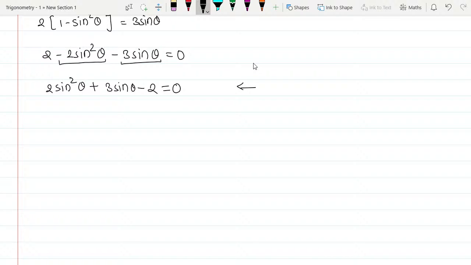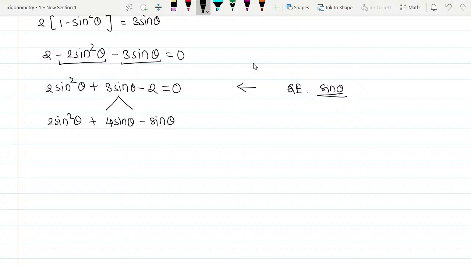Now what? See the magic. This becomes a quadratic equation in sin theta. Once you get this quadratic equation, our task becomes very simple. Find the roots. So roots will be what? I want to convert this 3 sin theta into 4 sin theta minus sin theta. So 2 sin square theta plus 4 sin theta minus sin theta.